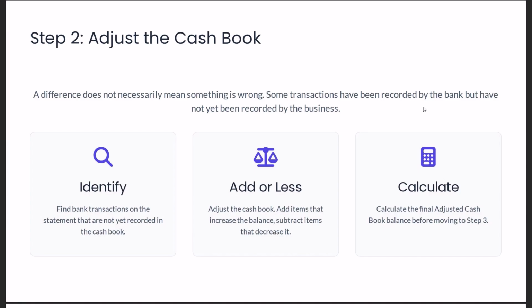As you identify, you need to identify amounts that you're going to add, meaning that money came in the business that you didn't know, or you are going to subtract the money that went out of the business and you did not know of. And step number 3, you now need to do calculations based on the adjustment that you made, whether you added money or you subtracted. You need to do your final calculations.